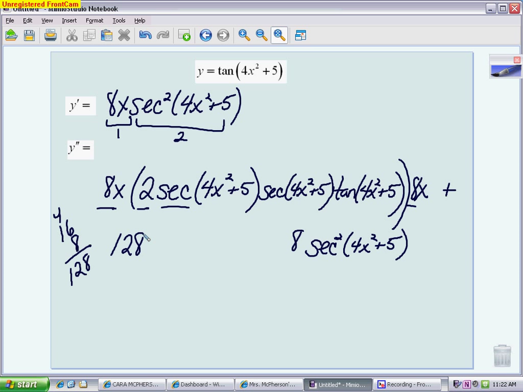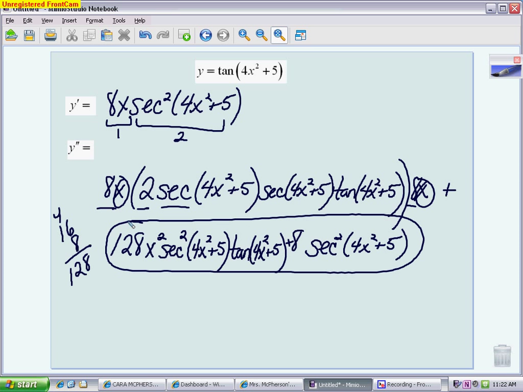And then I have an x here and an x way at the end, so that gives me an x squared. And then everything else that's left is trig. I have a secant times a secant, so I want to write that as secant squared. Then I have one tangent, and actually I'm going to write it and just put a plus sign, and then there is my final answer.